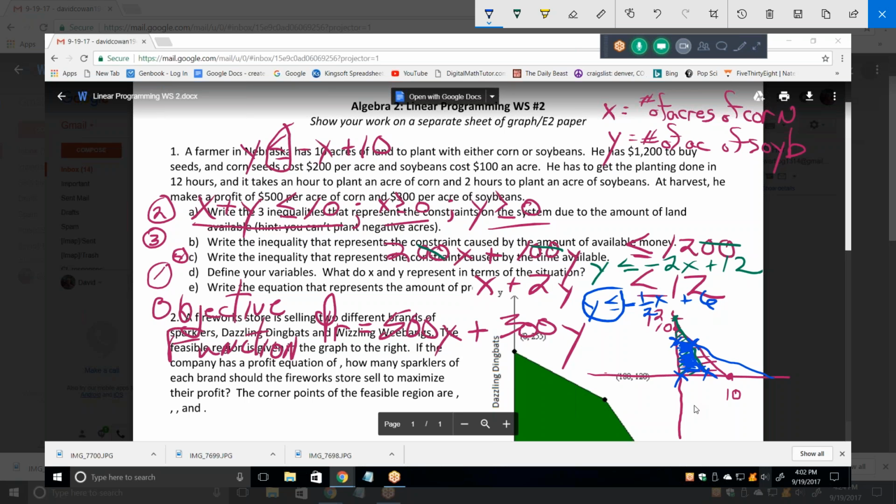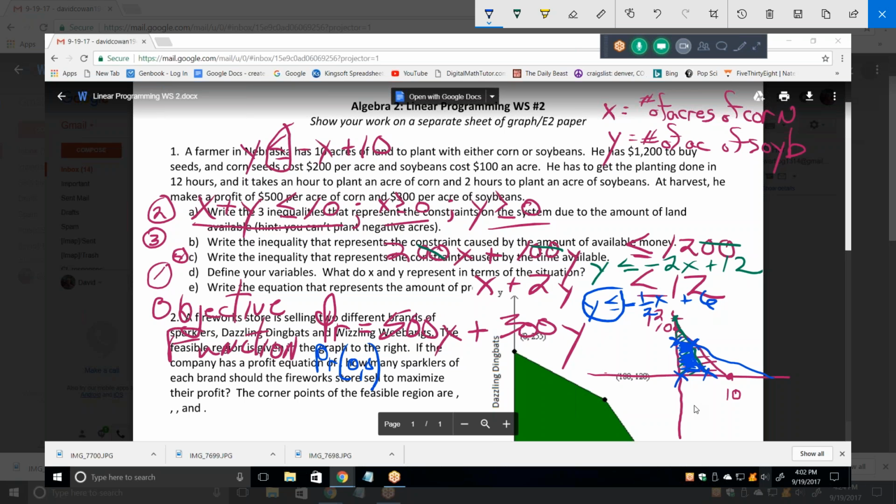Okay? Let's start at the lower left. That's rarely the answer, because how much profit do we make when we produce 0 corn and 0 soybeans? Plug it into the profit equation.